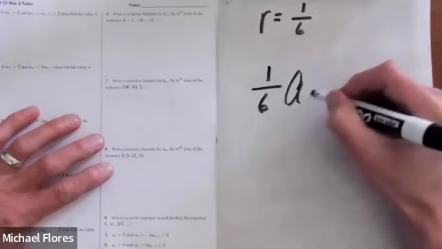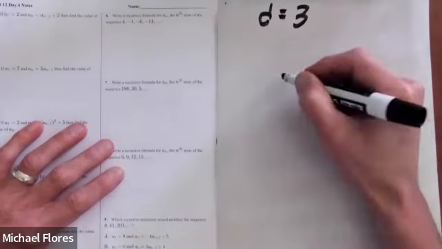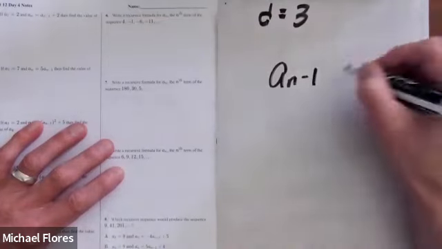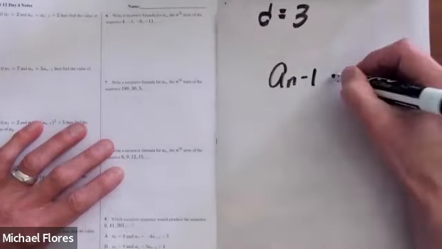That's the formula for 7. For example 8, see if you can find the difference in these numbers. And now we can write our formula. Previous term, add 3. That's the formula.